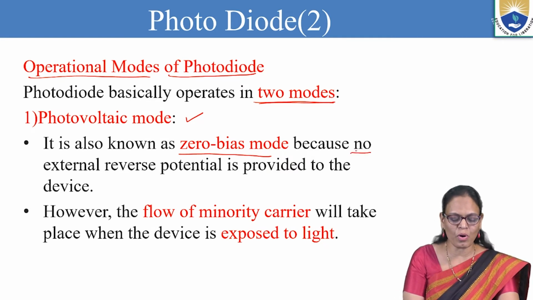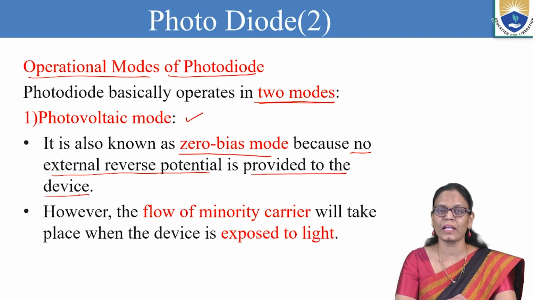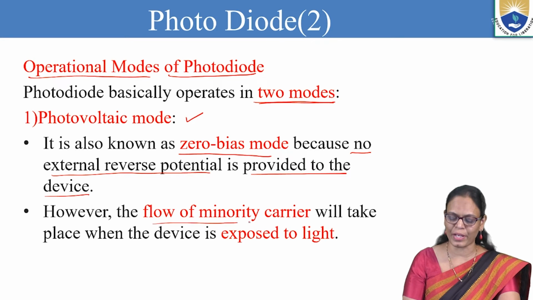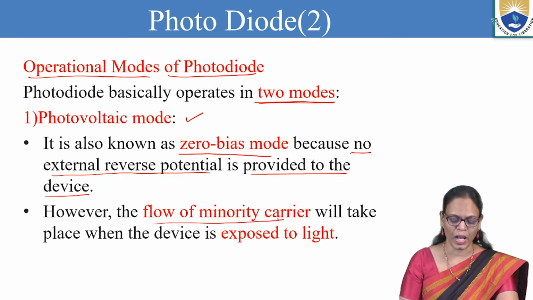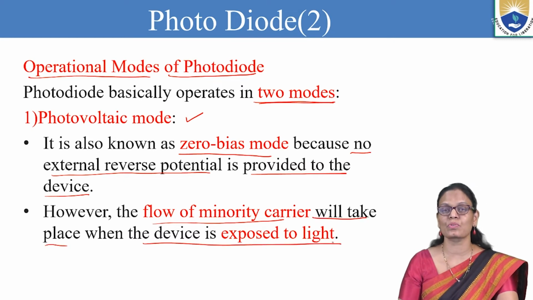It means no external reverse potential is provided to the device. So without providing an external supply, when we are operating this photodiode, then you call it zero bias mode or photovoltaic mode. And the flow is due to the minority carriers, and it will take place when the device is exposed to light.